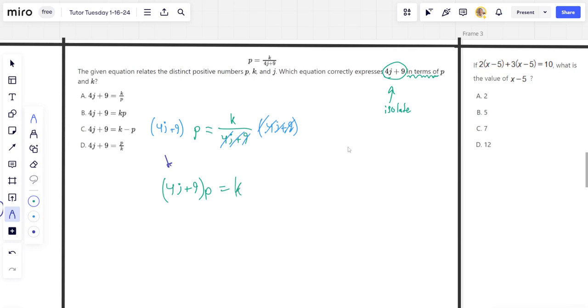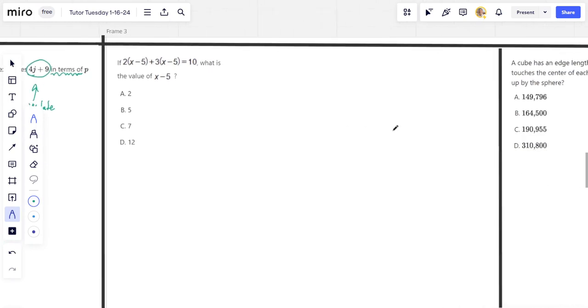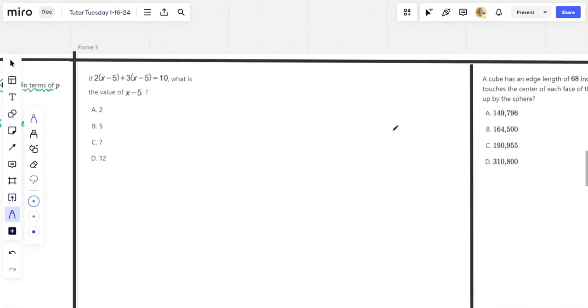Now the last thing you want to do to isolate this 4j plus 9 is literally just divide by p, because that will cancel out the p on the left side. So finally we're left with 4j plus 9 is equal to k over p. And that should be answer choice A. Not too bad.